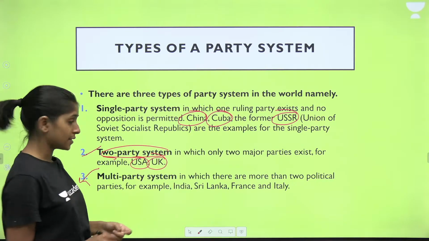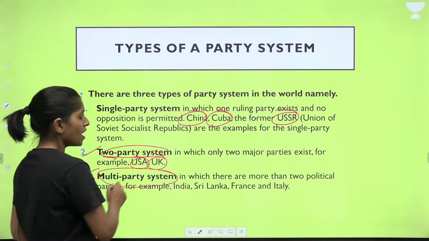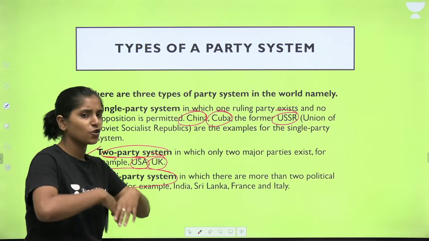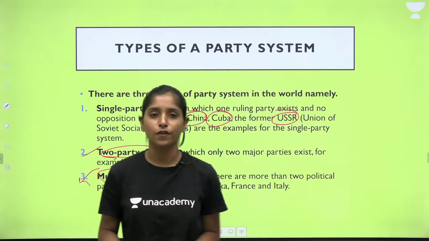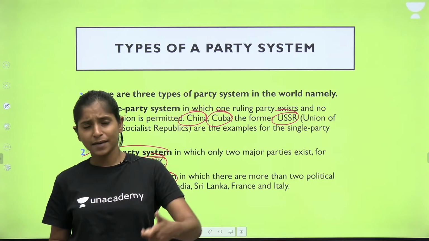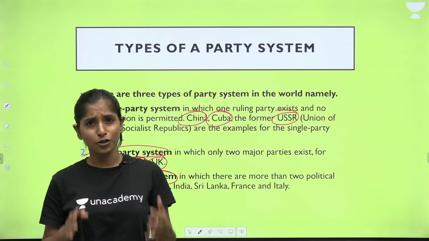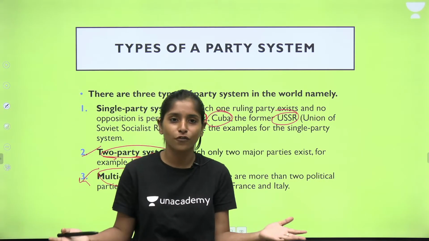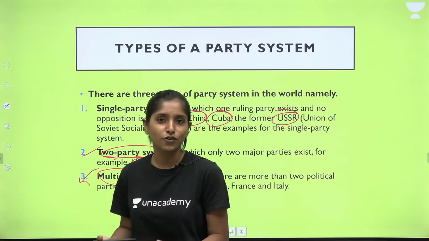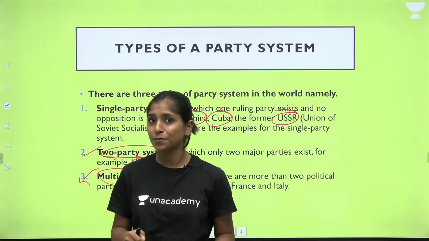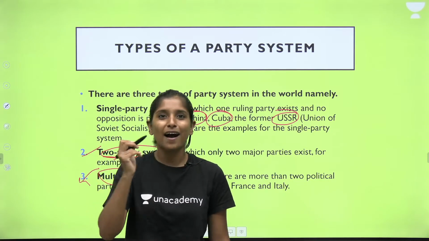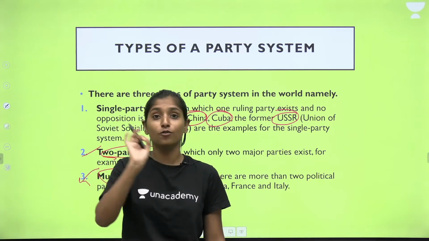The next system that comes into the picture is the multi-party system. This is the kind of system which gives you a variety and plethora of parties to choose from. Sometimes it can be really difficult to choose a good party because we have an abundance of options, an abundance of parties. In India we have more than 700 parties, but we hardly know about them, hardly know about 7.